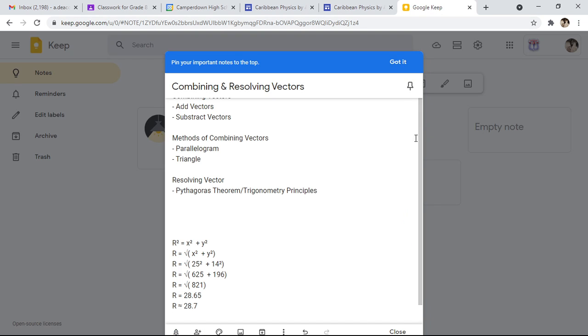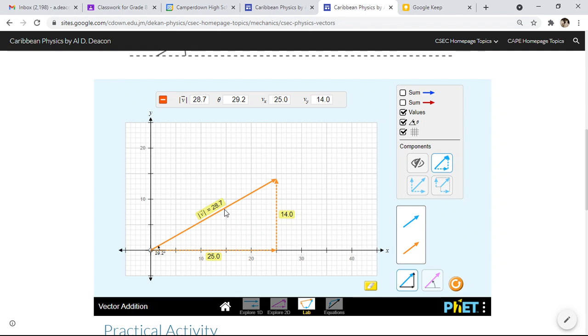So I go back to that. Alright? That's what we call resolving. You have the one vector and you break it up into its components, or we resolve it.